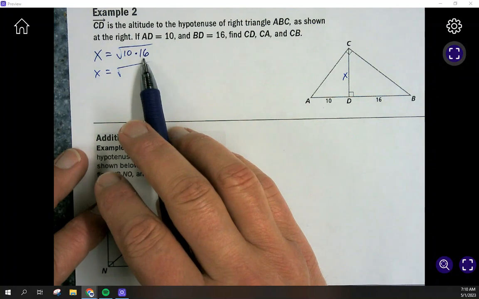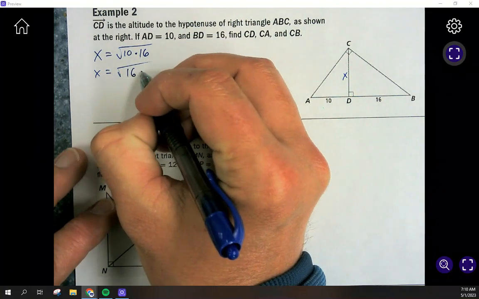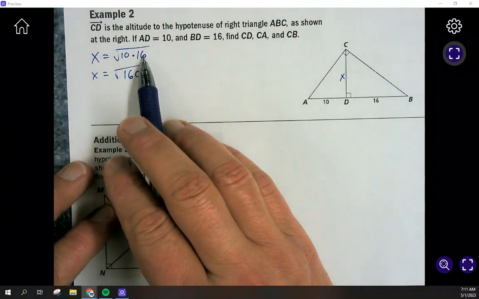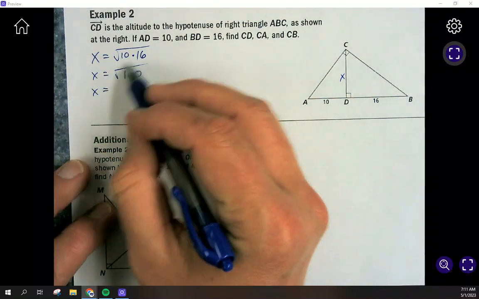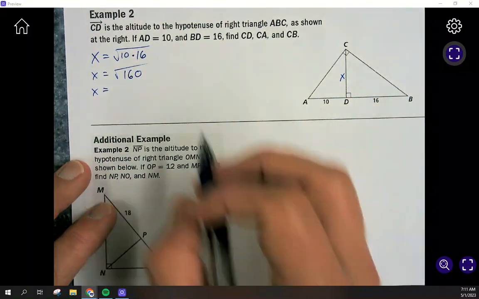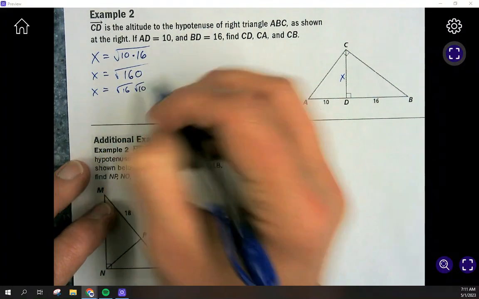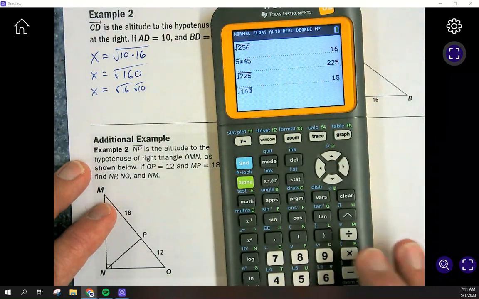Because I see that 16 already separated, I'm going to remember that here. I'll go ahead and multiply so we can see what this would look like in a normal problem. But in general, you could go ahead and split this right now. We're going to leave this in simplest radical form. So when I go back to simplify square root of 160, I want that 16 separate. Because when you go ahead and take the square root of 160, you should always check and see, is that a nice number?